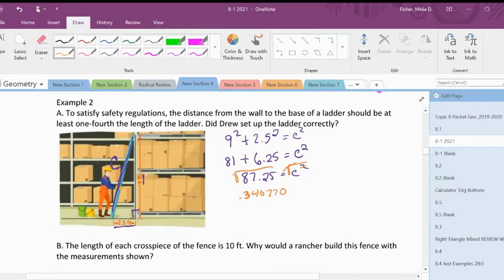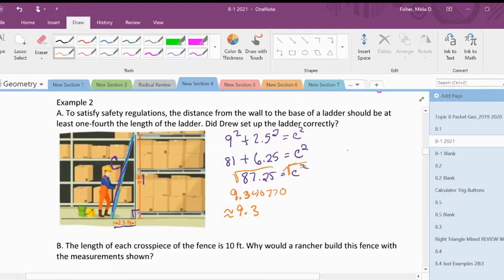So of course we need to round it. And one of the rules of thumb is whatever we're looking at to begin with, we can go ahead and keep our decimal rounded there. So it's because they had a 2.5 in the problem, we can go ahead and round this to 9.3.